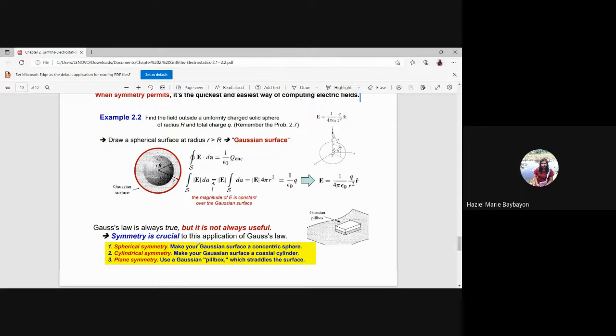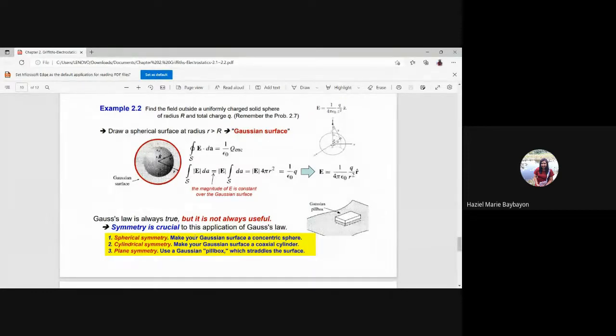So we can only use Gauss' law if we have symmetry, such as spherical symmetry. If you have a point charge, you can make a spherical Gaussian surface. If you have a spherical surface, you can make a concentric spherical Gaussian surface.